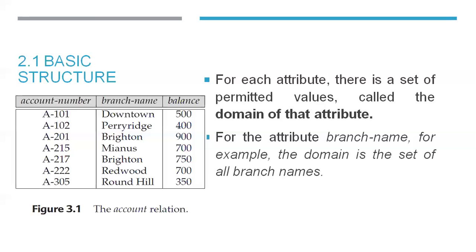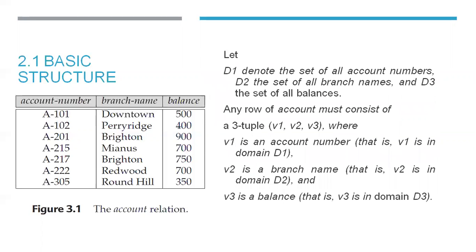Account number is again a set of account numbers. From that account number will come, and balance will have a set of values. From that balance will come. So that we'll see on the next slide. I hope you got this point. For each attribute, there is a set of permitted values. That permitted values is called as domain of that attribute. For the attribute branch name, for example, the domain is a set of all branches.